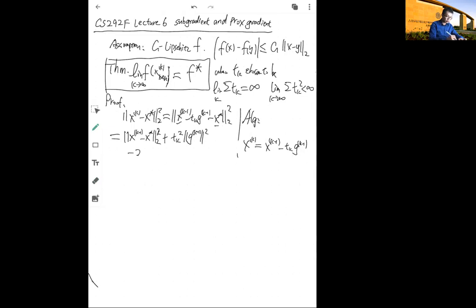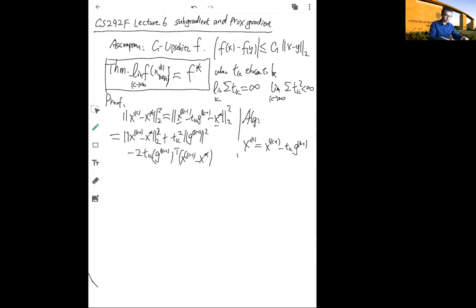This will be minus 2 t_k times the inner product of g_{k-1} transpose with (x_{k-1} minus x star). There are two additional conditions that we didn't apply. One is the G-Lipschitz condition, and the other is the convexity of the function f, and the fact that g_{k-1} is a subgradient.